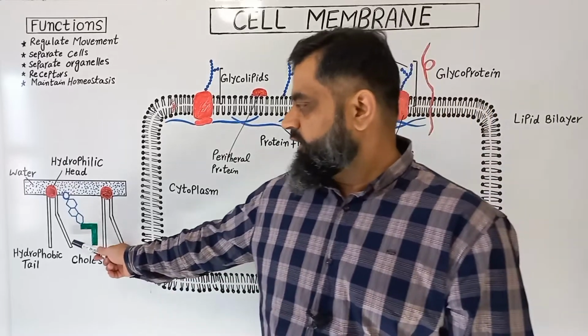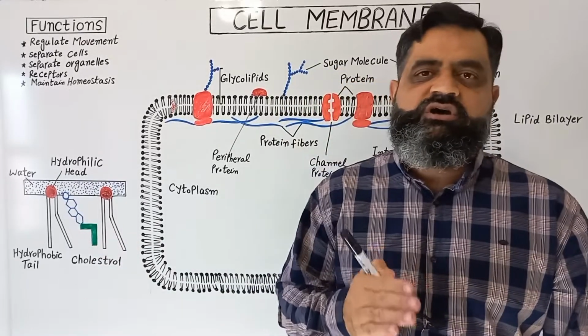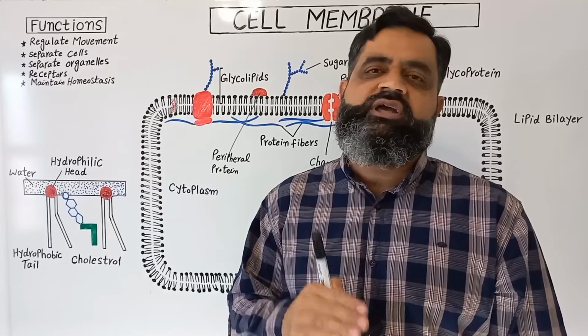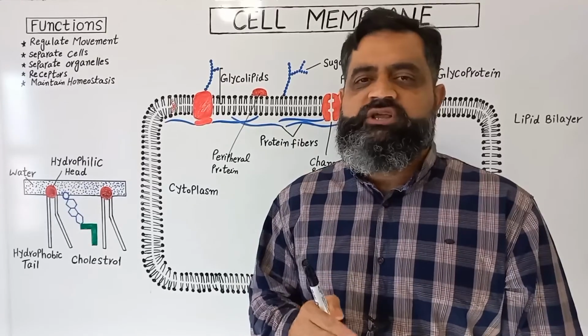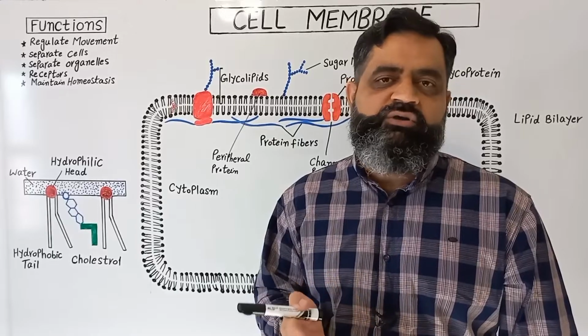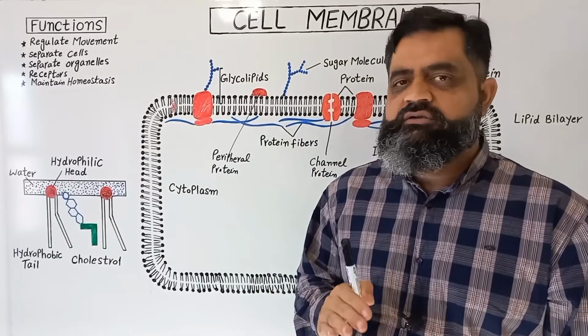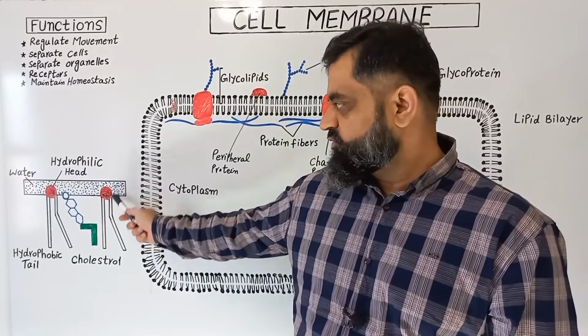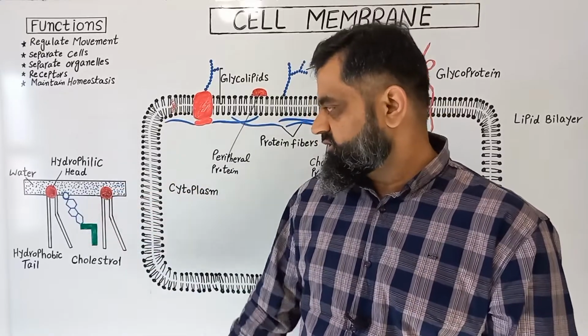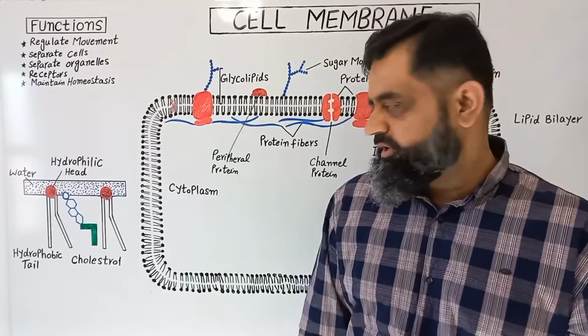And these tails are hydrophobic because these chains do not interact or do not have an affinity for liquid medium like liquid water. So that is why they are hydrophobic. Hydro means water, phobic means to hate. So these do not interact with the liquid medium inside or outside of the cell. So that is why these are hydrophobic tails made up of phospholipid molecules.